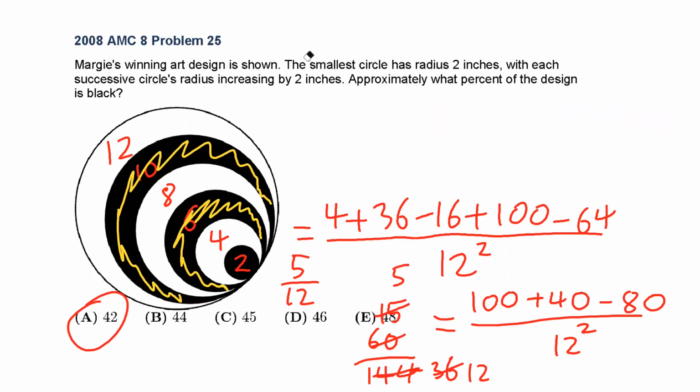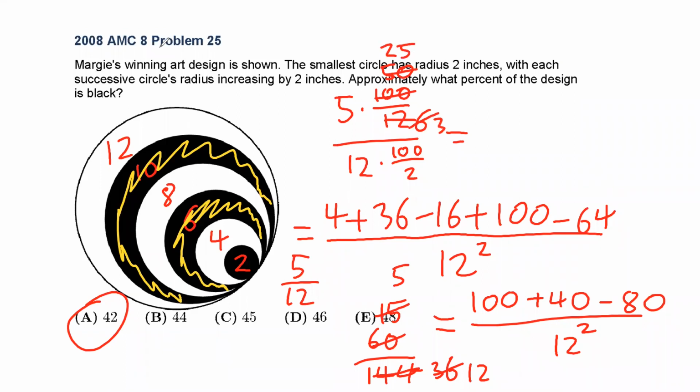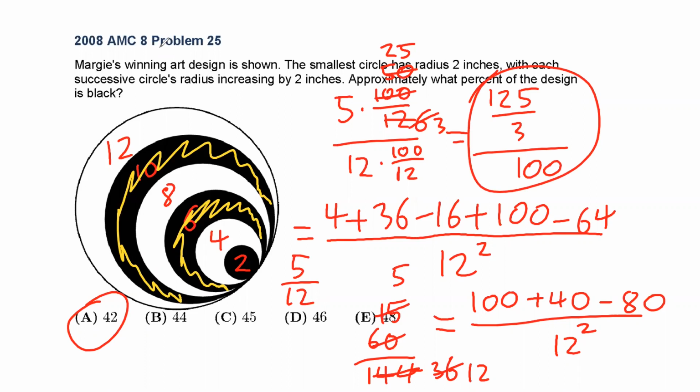So 5 times 100 over 12, over 12 times 100 over 12. 100 over 12 you can simplify to 50 over 6, which you can again simplify to 25 over 3, which means you'll get 125 over 3 divided by 100. That's basically what the percentage is written as. So if you just calculate 125 over 3, then that's your answer.